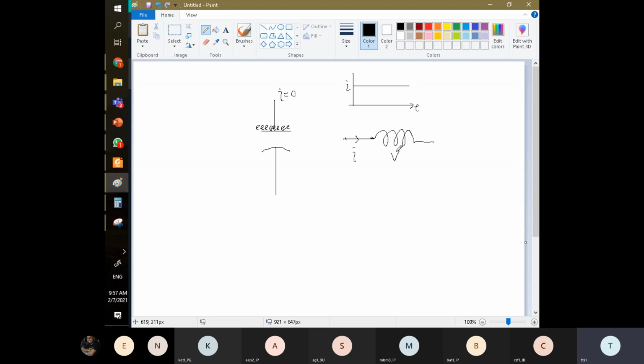In order to generate the voltage here out of this electromagnetic field, you know that when current passes through a wire, it generates a magnetic field.